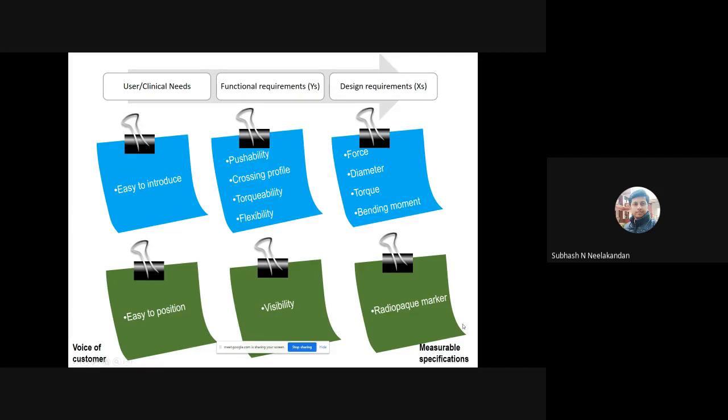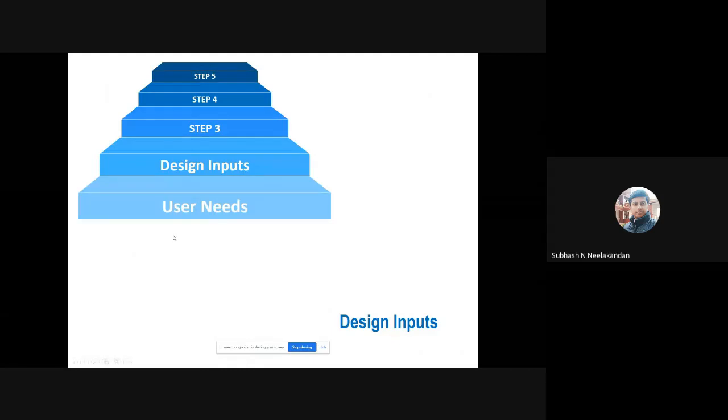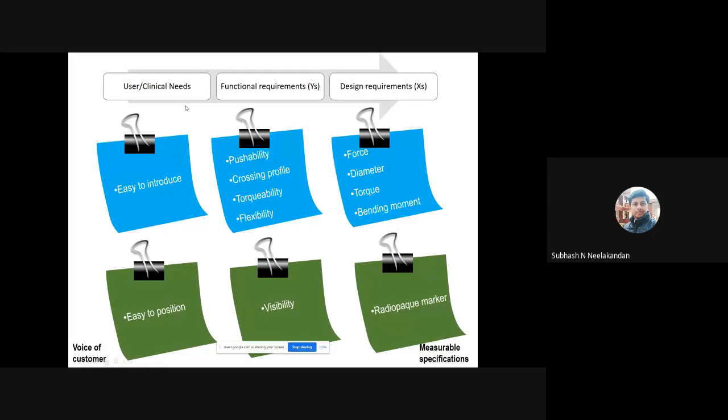These numbers are called target specifications. This design input is the second step as per the waterfall model, or a simple model for biomedical device development. Design input means that from clinical requirements, the functional and design requirements need to be generated down to numbers.